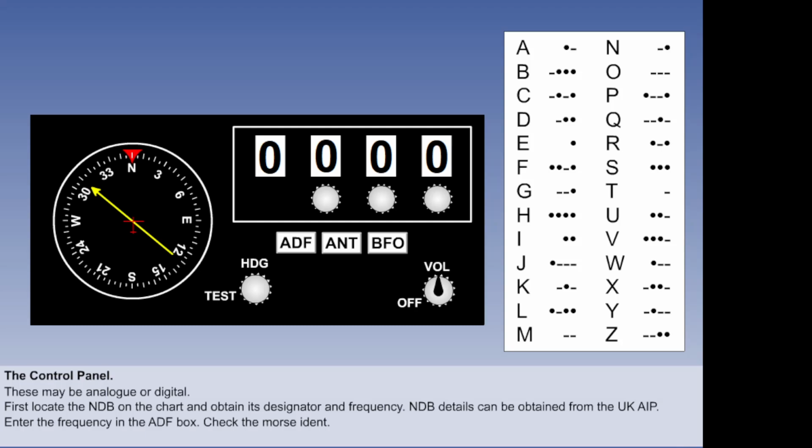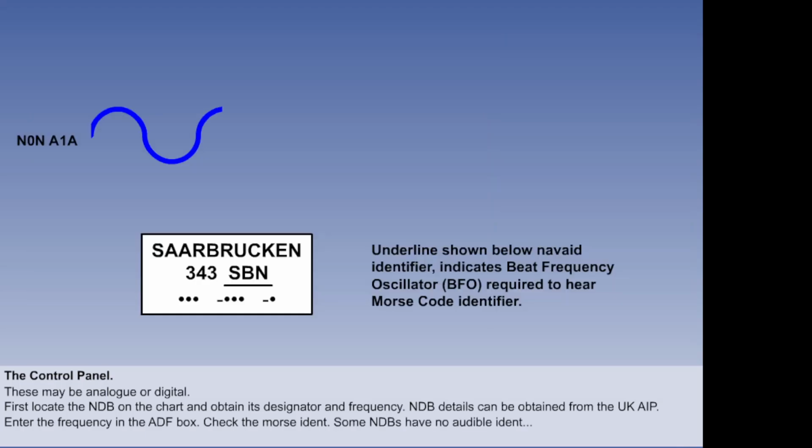Pressing the antenna button deactivates the loop antenna, and the audibility of the A2A identifier should improve, but the bearing information must obviously be disregarded. In some NDBs, the amplitude of the carrier wave remains constant, and therefore it is impossible to achieve an audible output from the receiver.